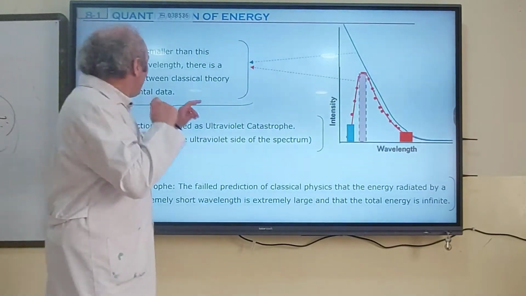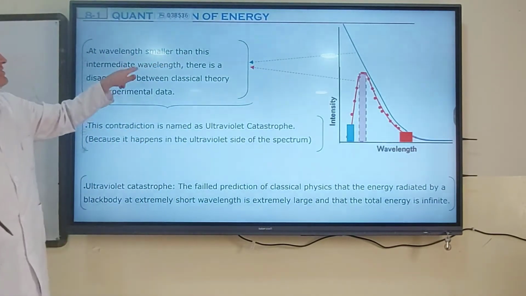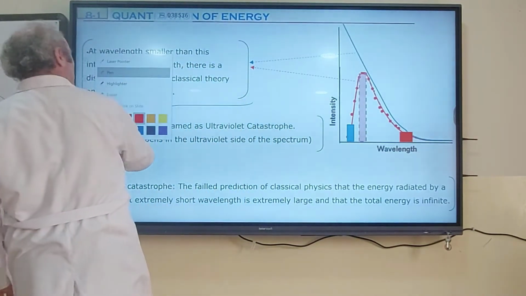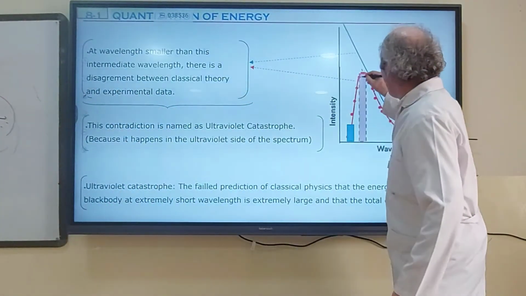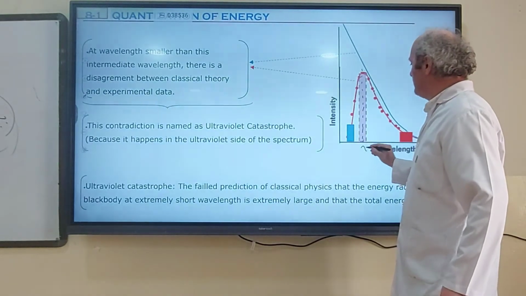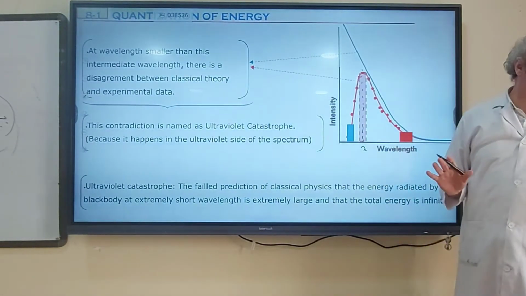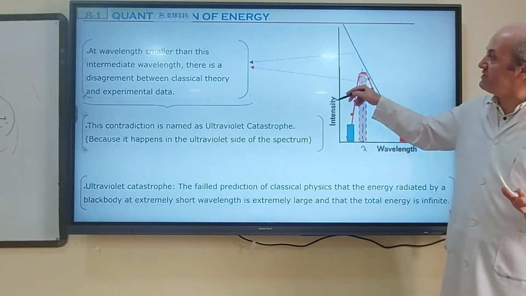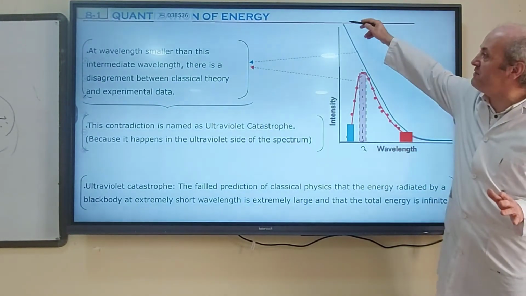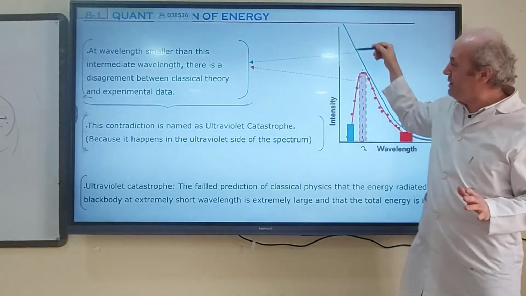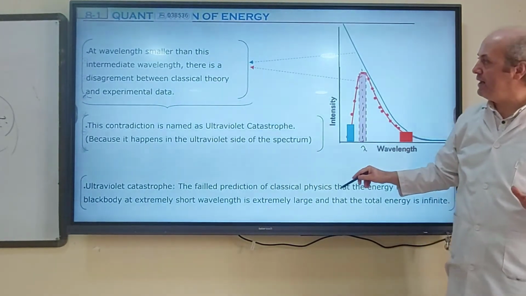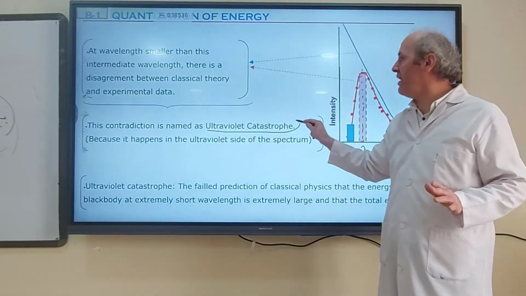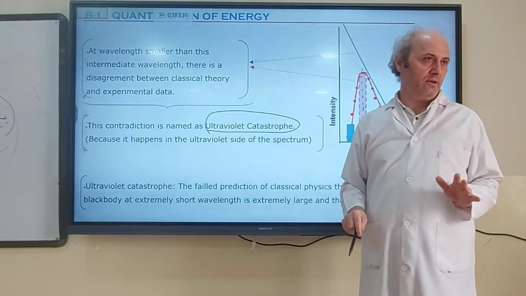So, at wavelengths smaller than this intermediate wavelength, which was the intermediate wavelength? This one, as you see. Here we got maximum intensity of electromagnetic waves at this wavelength. But after this wavelength, there is a disagreement between the classical theory and experimental data. This contradiction is named the ultraviolet catastrophe.